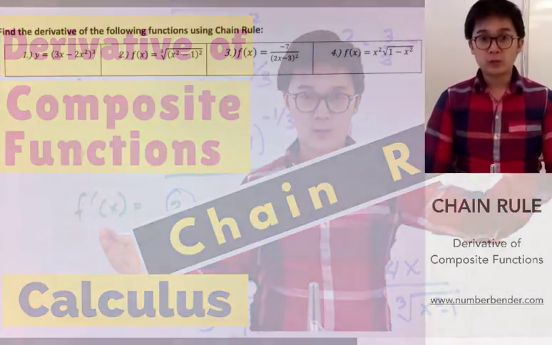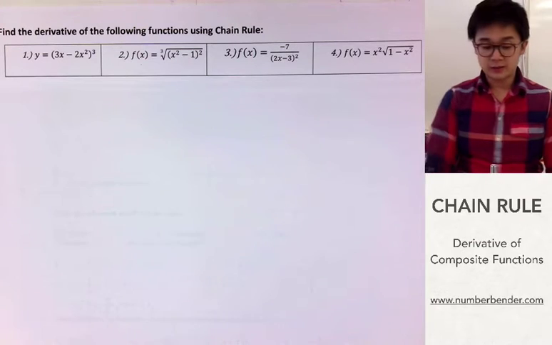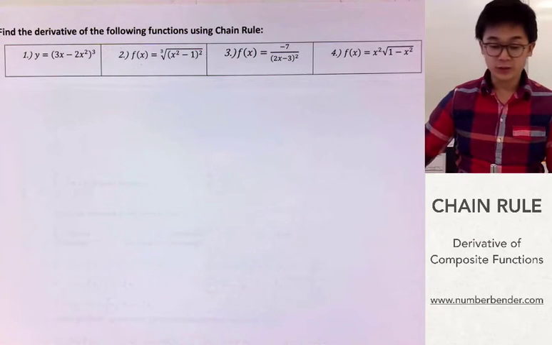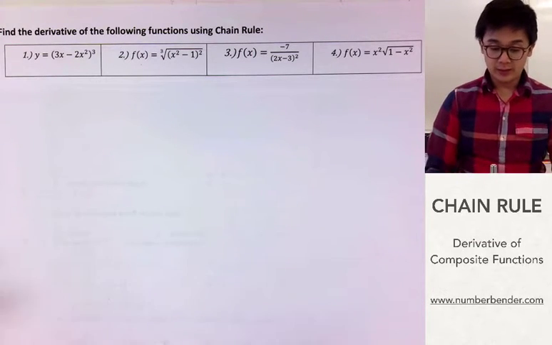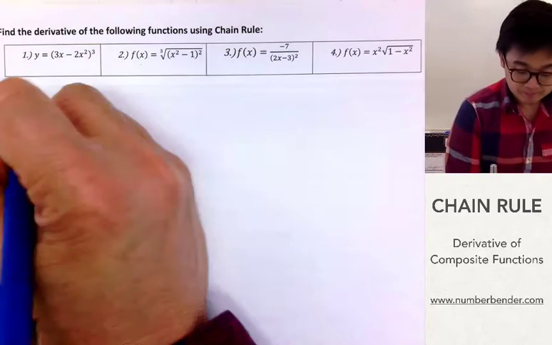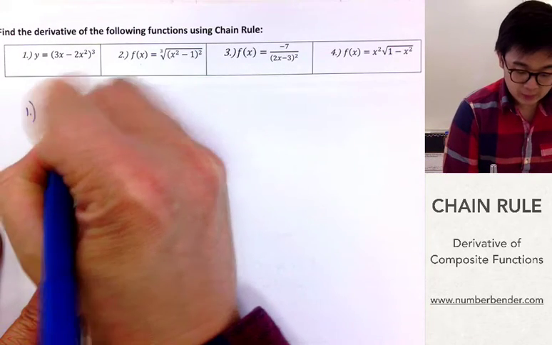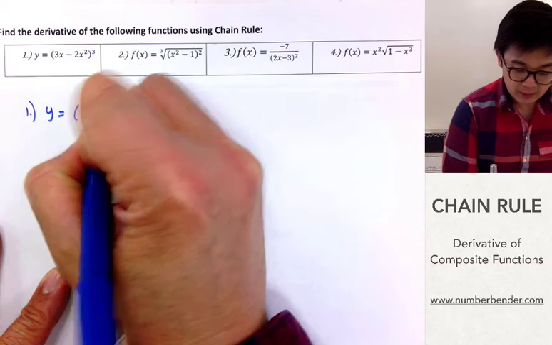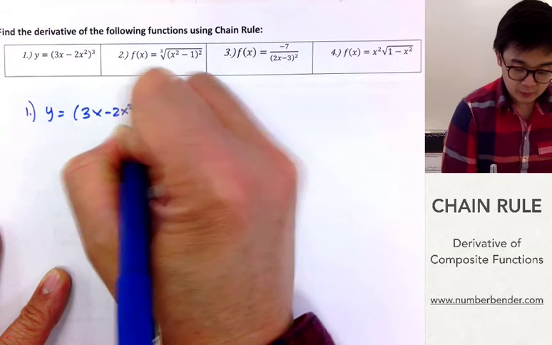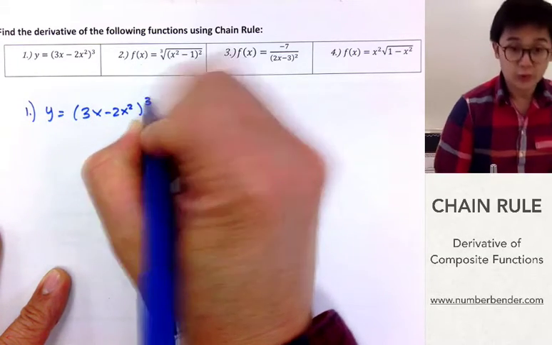We will use the chain rule in finding the derivatives of these composite functions that we have right now. On the first problem, we have y equals (3x minus 2x squared) raised to the third power.